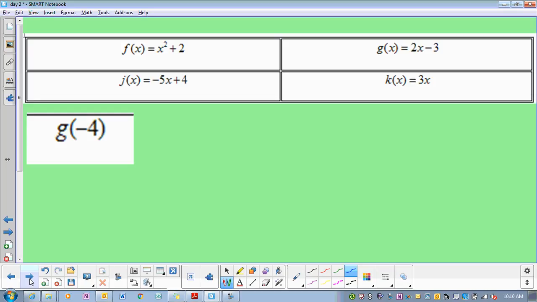The G function, because it says G. All right, so let's go get the G of x function, which says 2x minus 3. But since they told me G of negative 4, instead of the x, I got to plug in what? Negative 4.